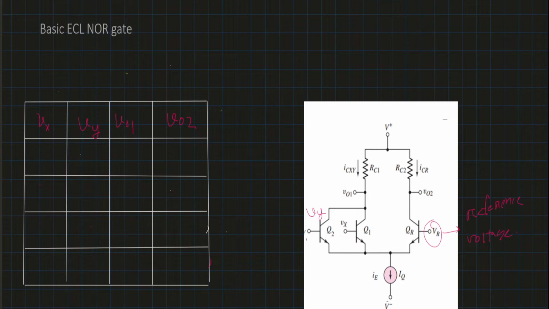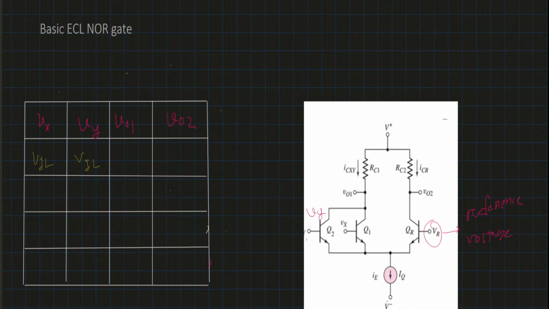Now let's assume both inputs are logical low. What happens? Our inputs are logical low, but we have a slight condition, that is how low it should be.